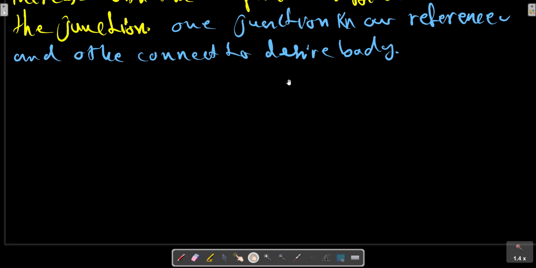Thermistors change their electrical resistance with temperature.